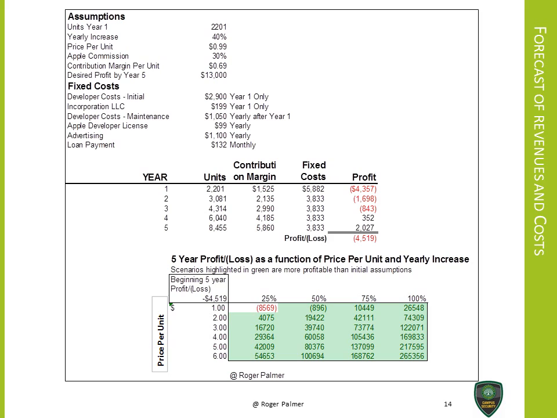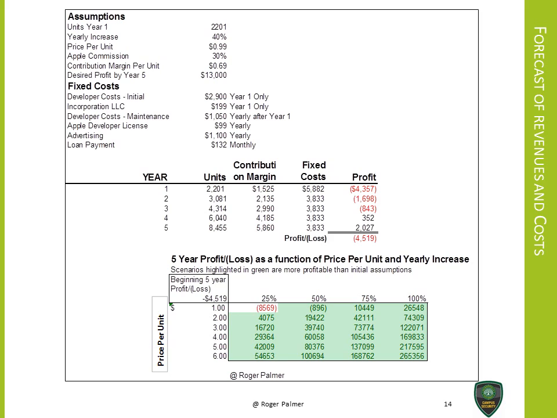To accomplish a forecast of the revenues and costs, there are assumptions that must be made. At the top of this slide, you see those assumptions. Based upon those assumptions, you can see the forecasted revenues in the first 5 years in the middle of the page.